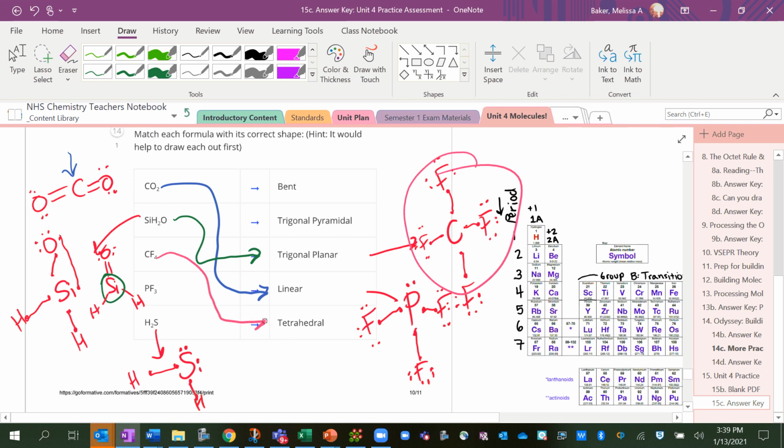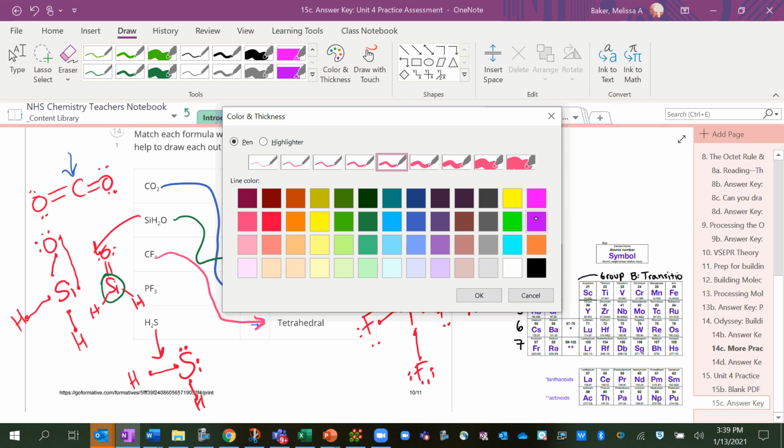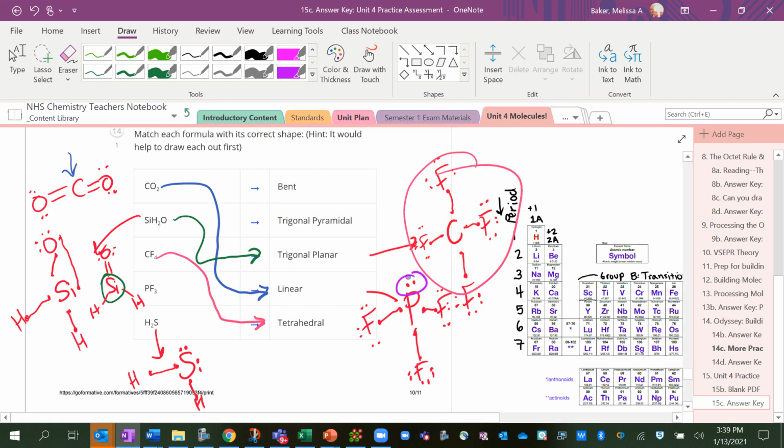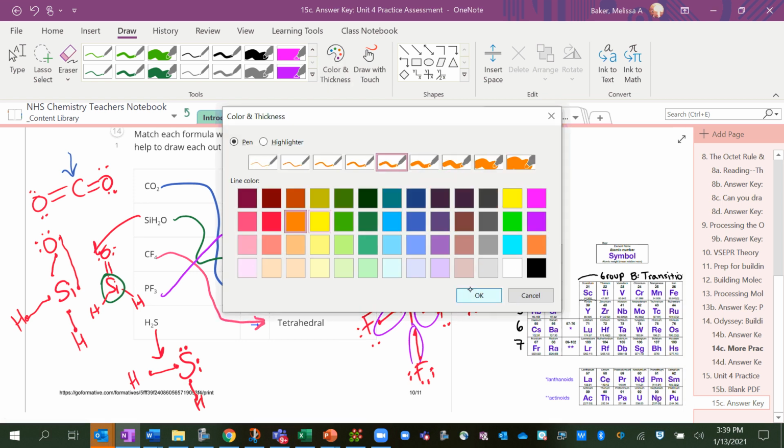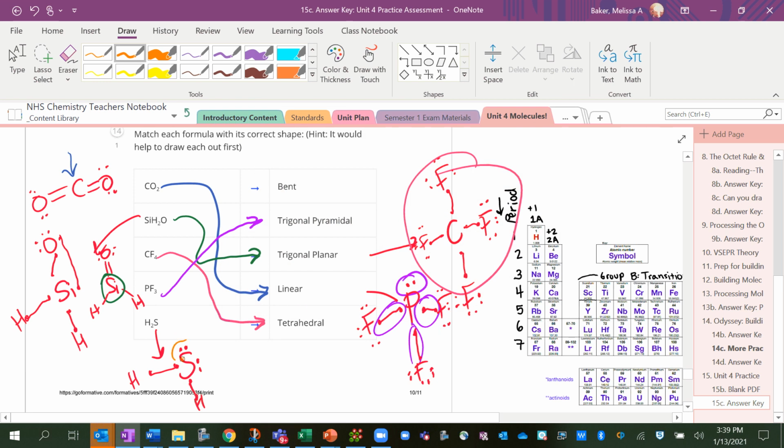That's tetrahedral. And then PF3 has a lone pair and 3 things attached. So the lone pair pushes down those 3 fluorines into a pyramidal shape. And then there's only one left, H2S. Because of those 2 lone pairs, even if I had drawn it like this, it's still a bent shape in 3 dimensions.